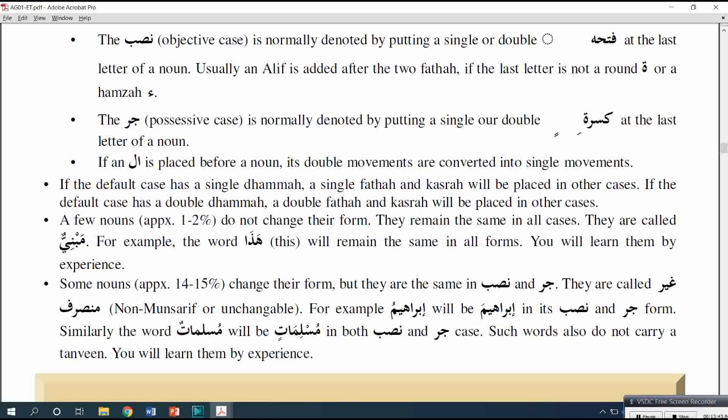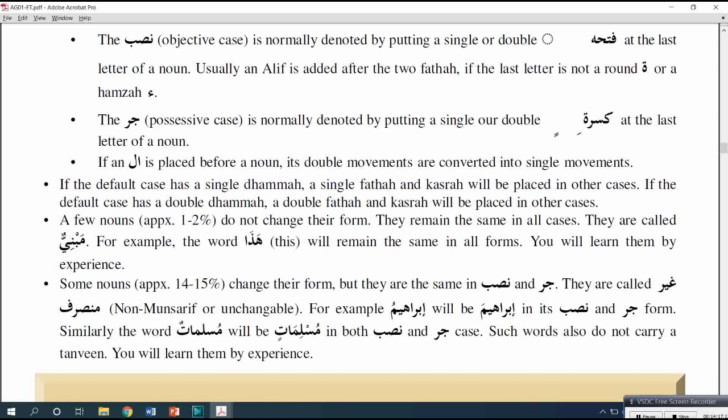Because it is only 1-2% of words, you cannot memorize them, but with practice you will get it when you study the Arabic language. Inshallah, after some time, especially with the Quran, because all these harakat, nasb, jar, fath are available in the Quran, it will be easy for you to pronounce it.